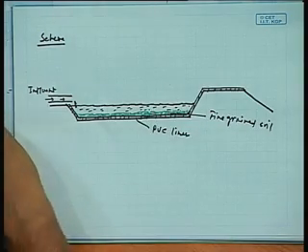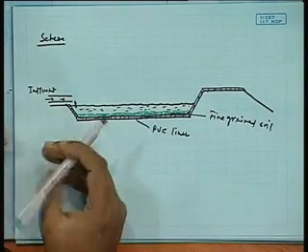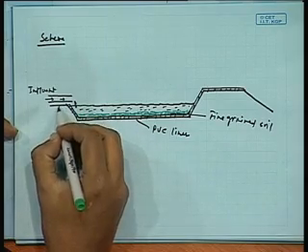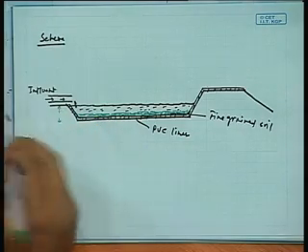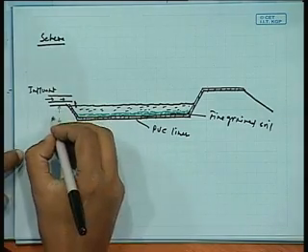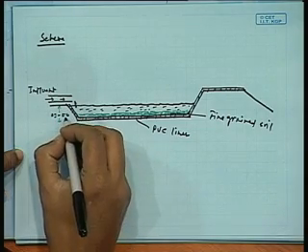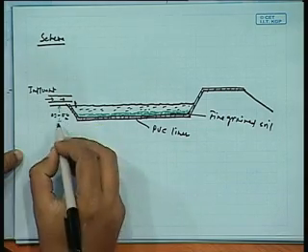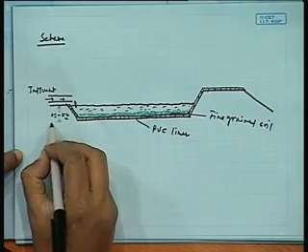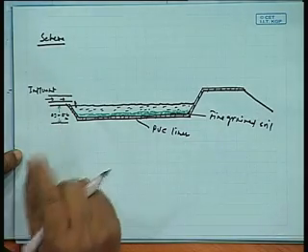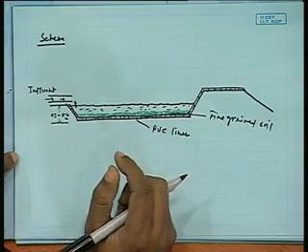Here, the depth of the wetland is about 0.3 to 0.4 meter, right? This is the depth of natural wetlands.